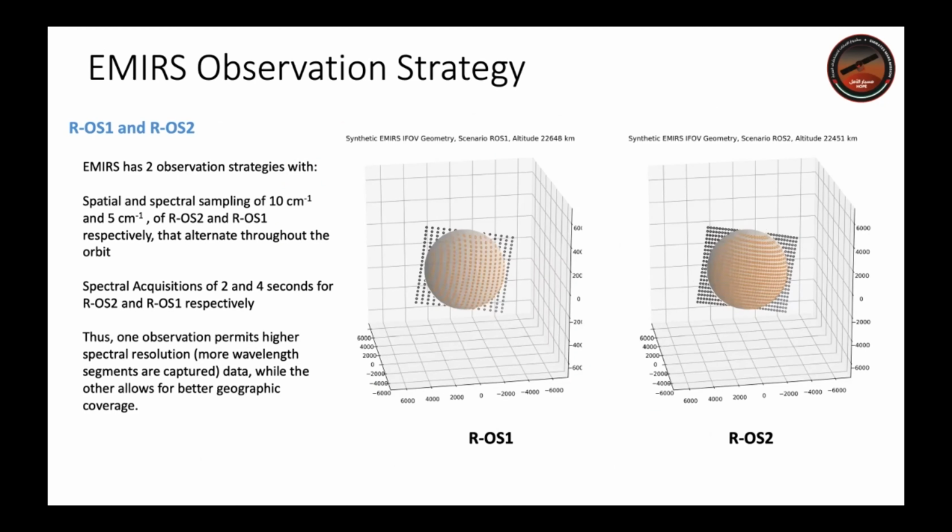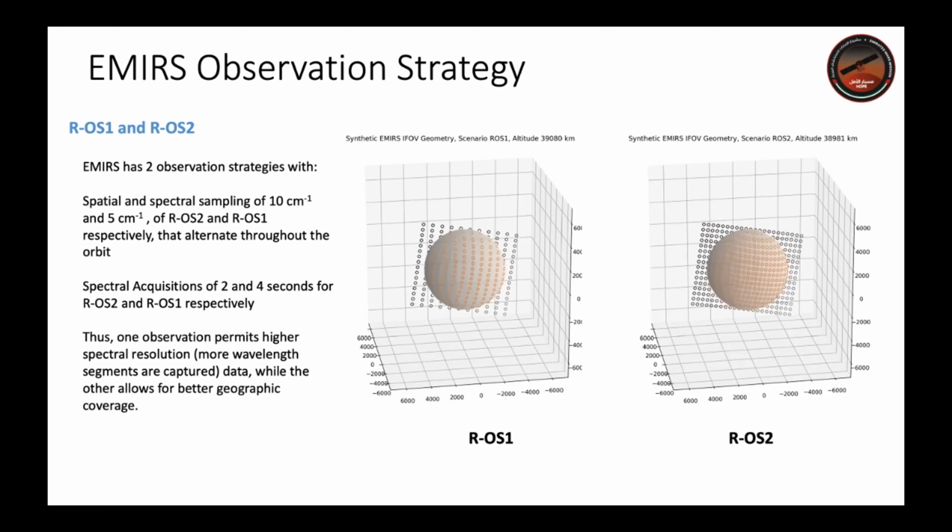The biggest difference between the two modes is in water vapor. In the higher spectral resolution mode, which is the 5 wave number spectral sampling, you'll notice that the spots on the planet are a little further spaced out. The videos you're seeing here correspond to the different altitude bins as we go up.